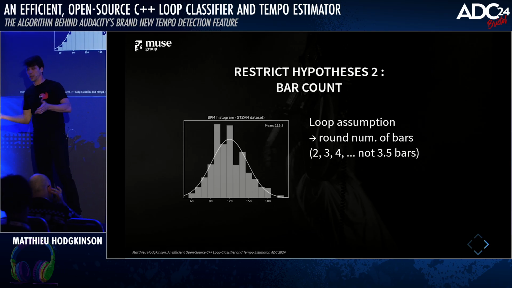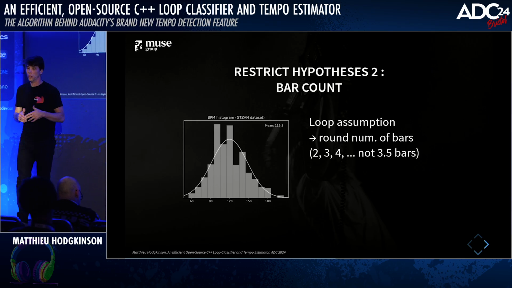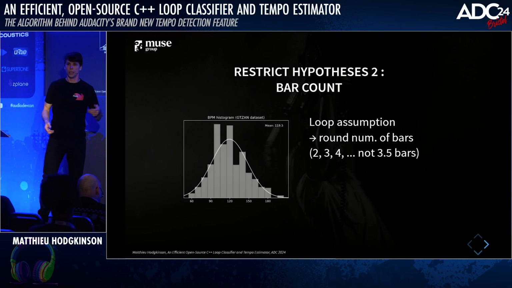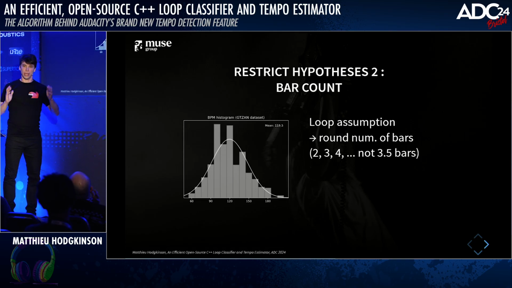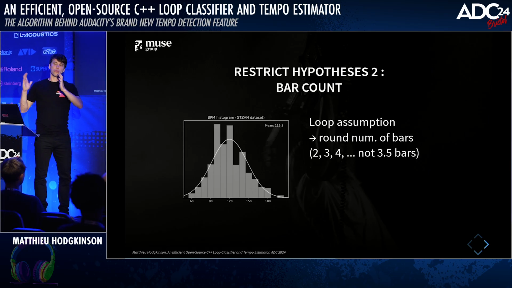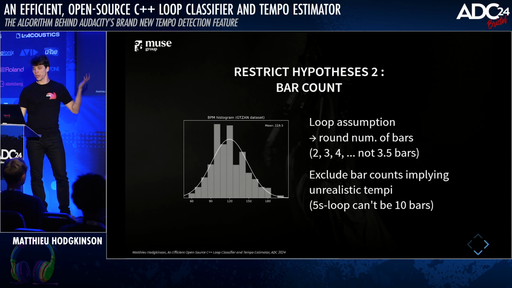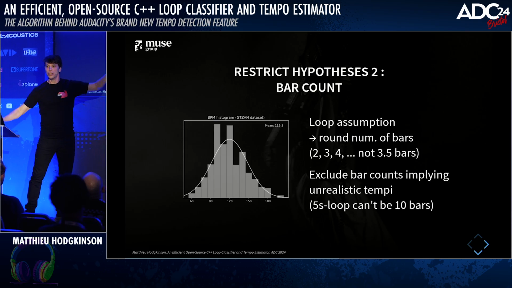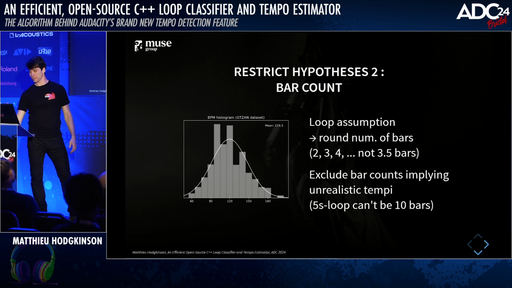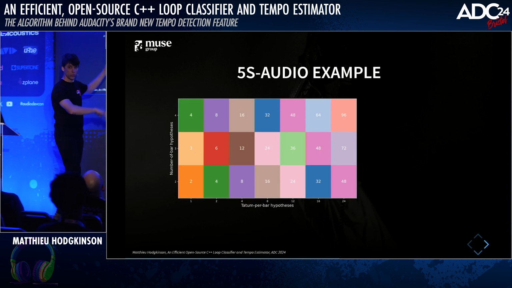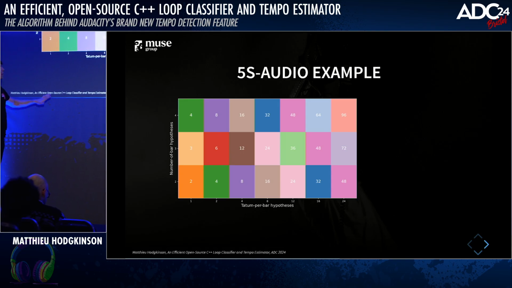And if it's a loop, there is an exact number of bars, right? So a loop has 1 bar, 2 bars, 3 bars, but it's not going to have 3.5 bars. So we can evaluate the realistic bar counts that would imply realistic tempi. We are not going to try if the loop is 5 seconds to see if it's 10 bars in there. That would be way too fast.